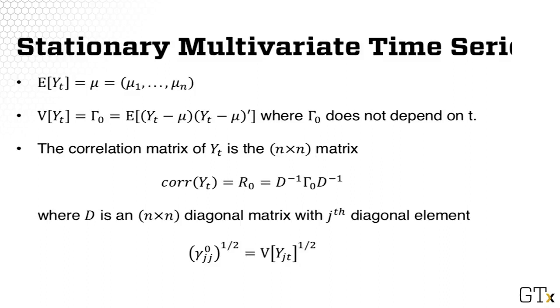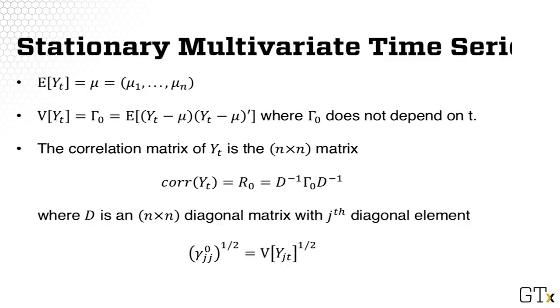Moreover, the variance-covariance matrix of the vector time series YT is a matrix defined here, gamma 0, which does not depend on t, on time. Note that gamma 0, thus the covariance-variance matrix, measures the so-called contemporaneous dependence in the multivariate time series. I'll introduce the covariance matrix for lag dependence on a different slide in this lesson.